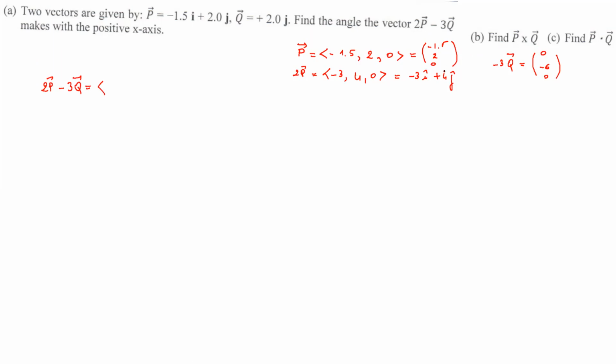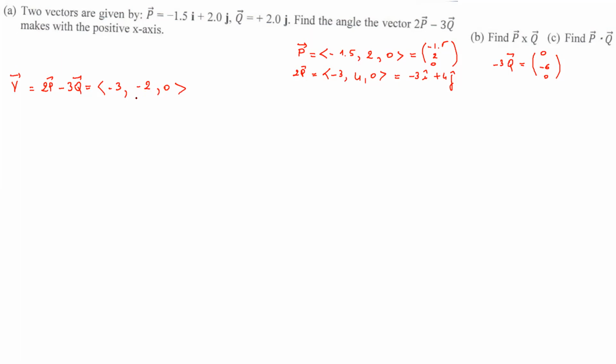Of course, I will add component by component. So it will be minus 3, minus 2, and 0. So now my question is, what is the angle between this vector, let me call it vector V, which is 2P minus 3Q, with a positive x-axis?